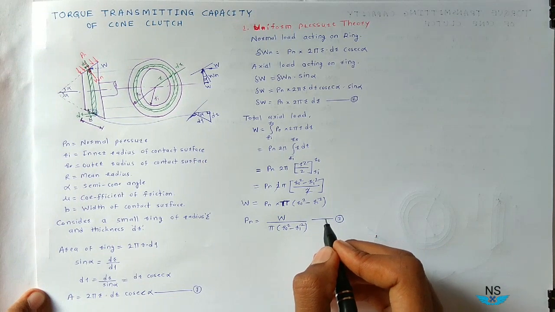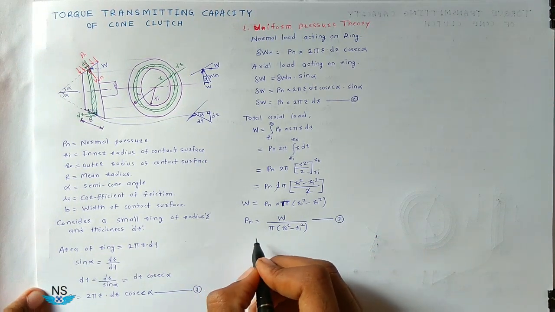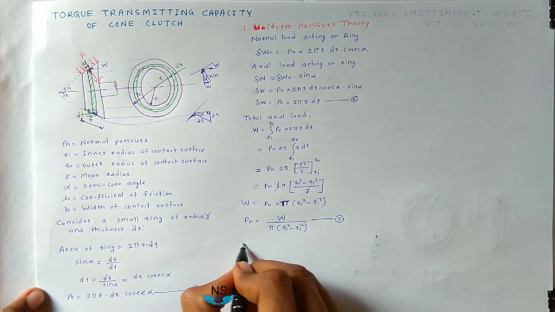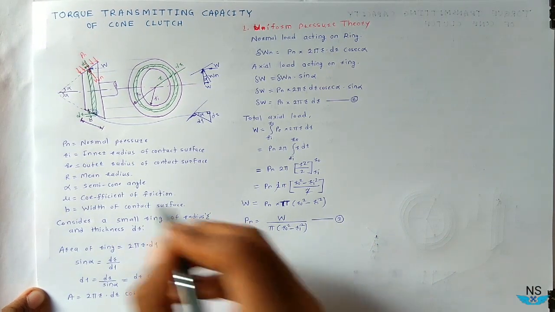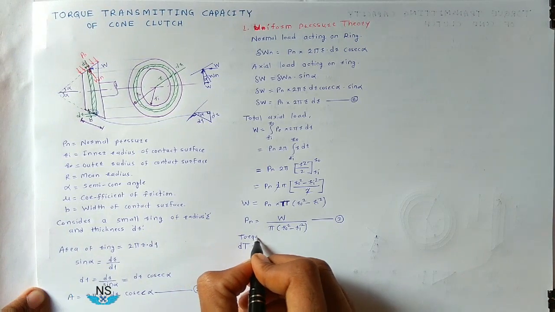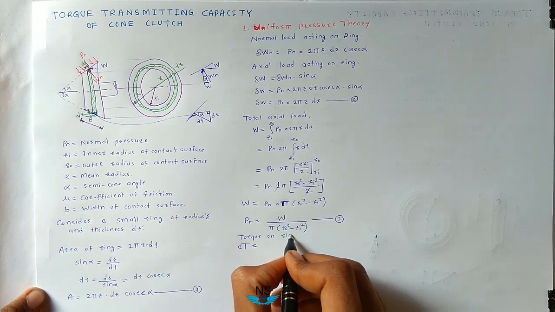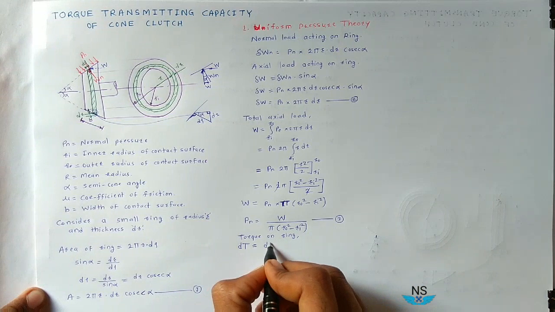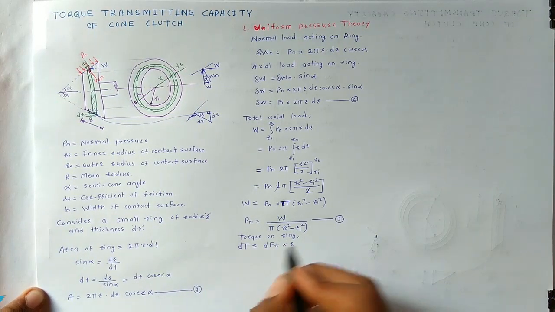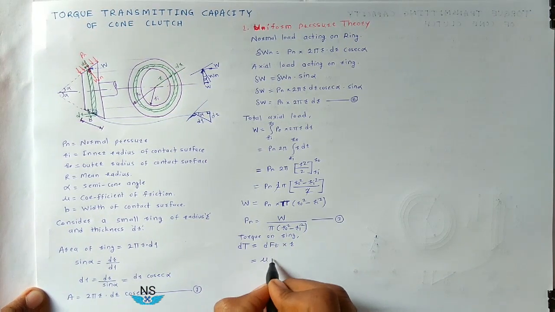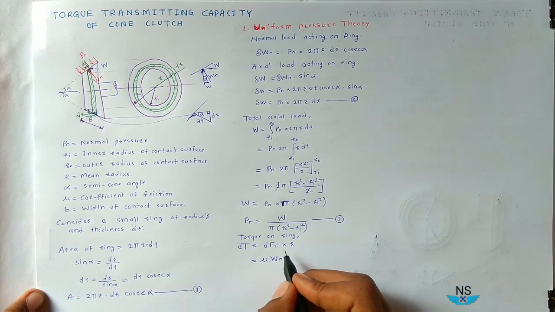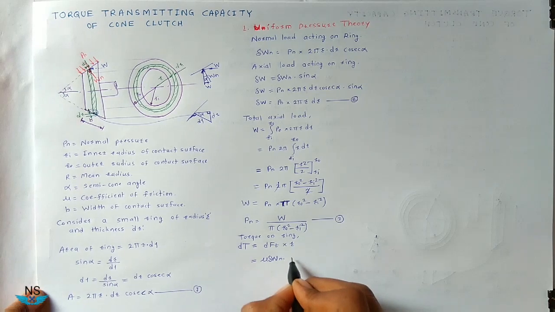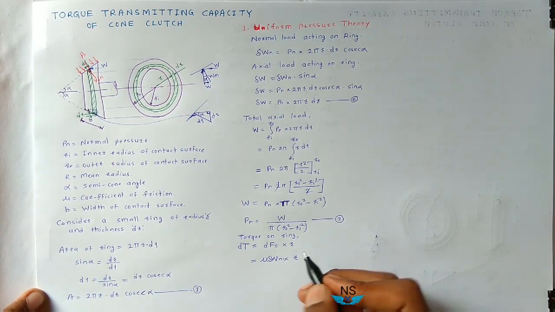Now we know the friction force. Torque on this ring, dT, is equal to dFt into r. Now dFt is nothing but mu into delta Wn, so mu into delta Wn into this r.